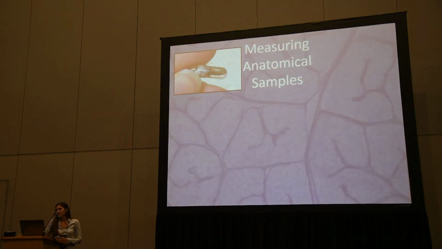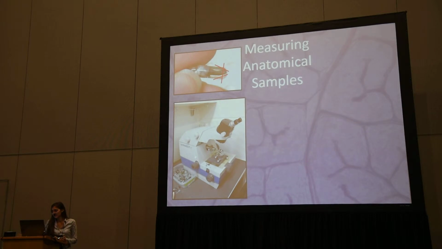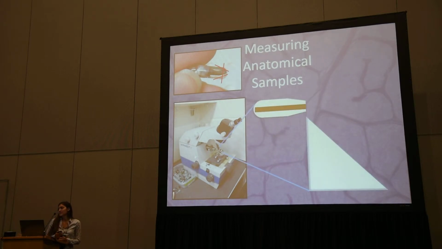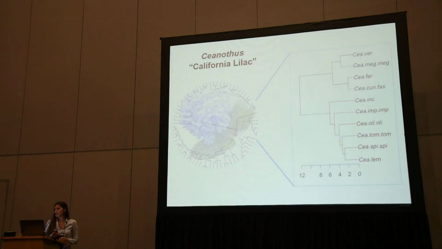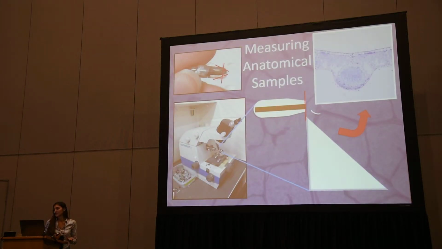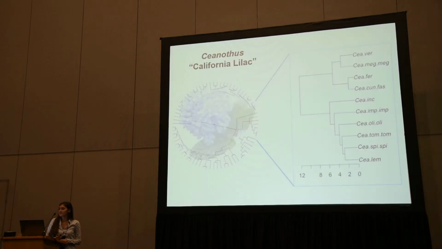I also measured the anatomy of the species. I basically had leaves embedded in a resin capsule and then cut the capsule to be used on the microtome, which is the machine you see here, and just slice off a thin section from the leaf, and can view the cells and the tissues within the leaf.